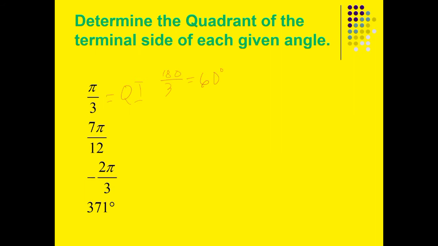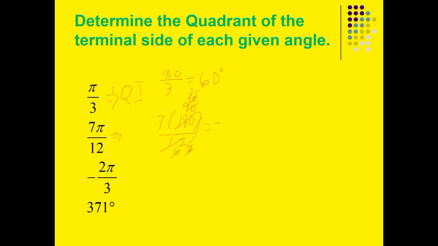7 pi over 12 is in which quadrant? Let's say 7 times 180 over 12. That is divisible by 6, so we have 30, and 30 divisible by 2 gives 15.